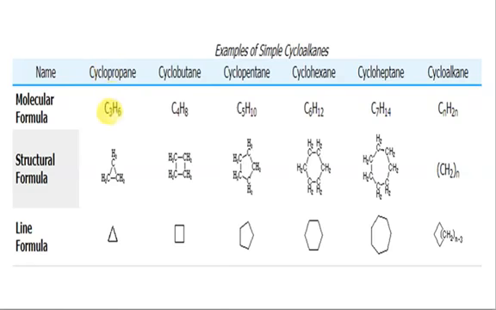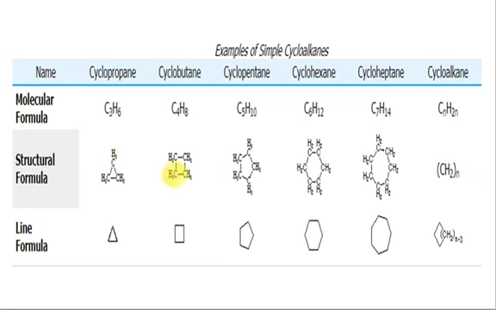So we have examples of cycloalkanes. So we have cyclopropane, its molecular formula, and you can see the structural formula here, and this is the line formula. Similarly, we have cyclobutane, cyclopentane, cyclohexane, cycloheptane, and this is the general representation of cycloalkanes. So you can see here from the molecular formula we cannot say anything about the structure of this molecule, but the structural formula is giving a clear indication that all carbons have single bonds, and we have 2 hydrogens here, 2 hydrogens here, and 2 hydrogens here.